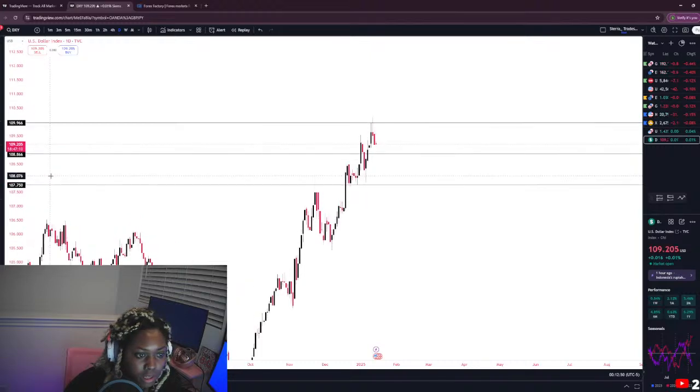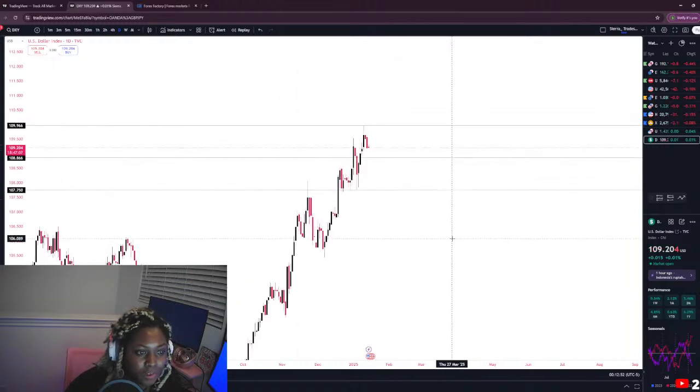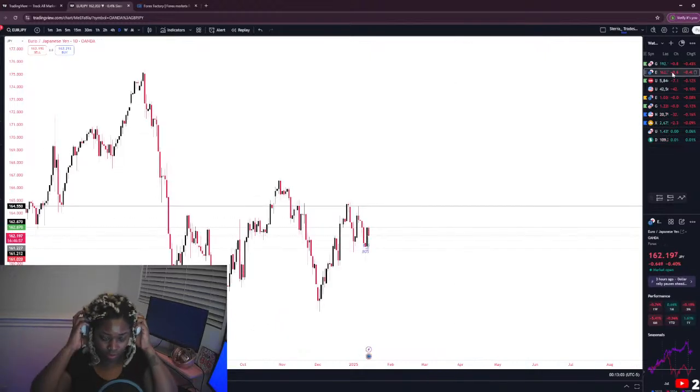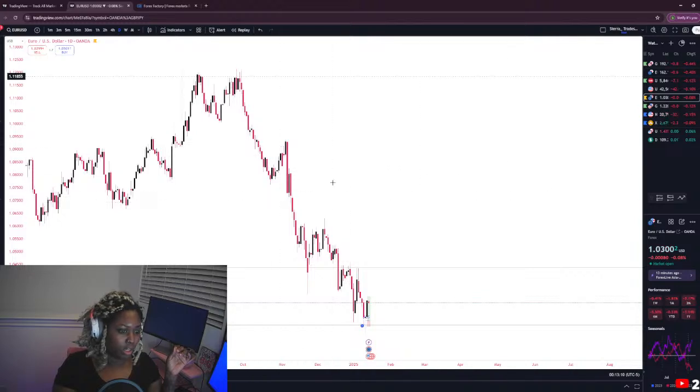Oh, look at that. Look at that. Right on the 50%. We have a balanced price range. So beautiful. We can get what we want for EU's definitely. EJ. EU's definitely gonna touch TP.